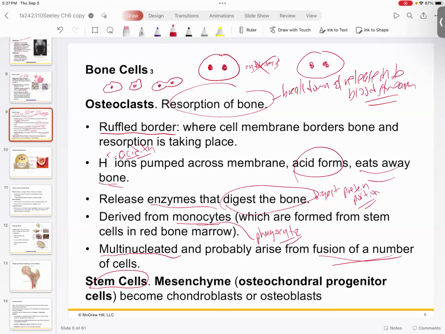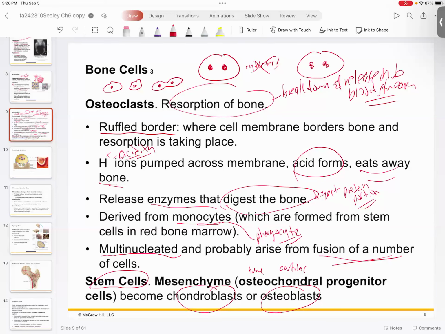It's called a mesenchymal cell. It's a specific type of mesenchymal cell, which is basically an embryological stem cell. And we refer to it as an osteochondral, so it's basically a bone cartilage progenitor cell. Essentially it will become either a chondroblast or an osteoblast. That's why it's called an osteochondral progenitor cell.